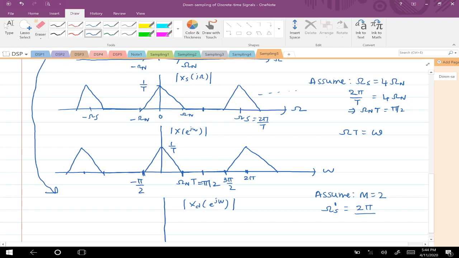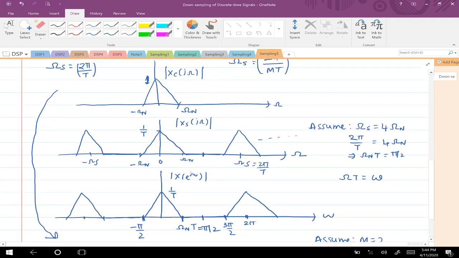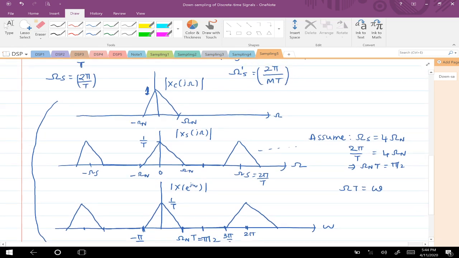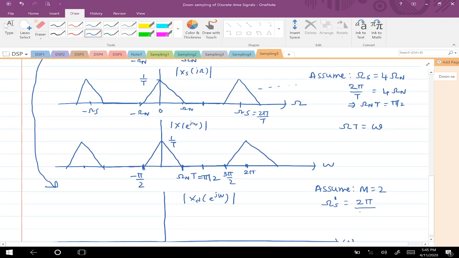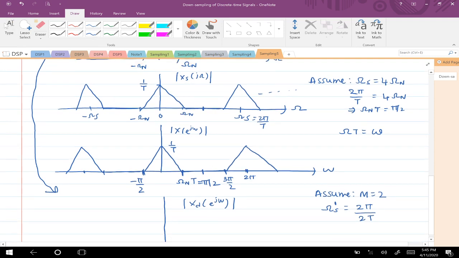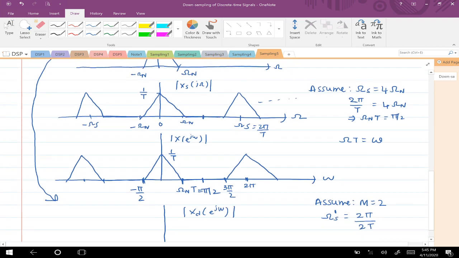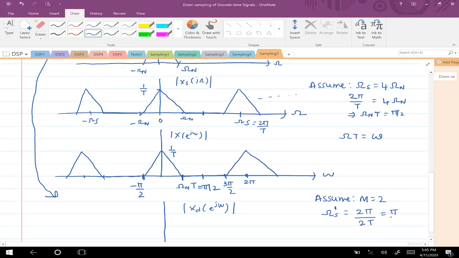Now the way I do it is to look at its equivalent sampling from the continuous time domain, and from there I'm going to draw it here. Suppose this has been obtained with a sampling rate of T. Now my sampling rate is MT, in other words 2T here. So omega_s is equal to pi by T. You already know that pi by T is what I would be getting.